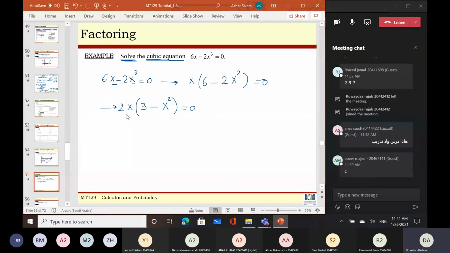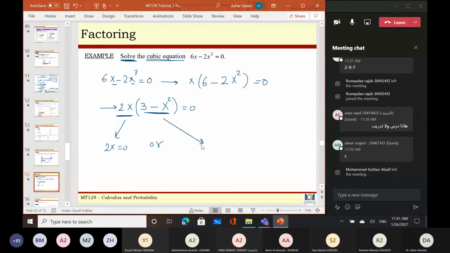Here I have two quantities multiplied together equals 0. So either 2x equals 0 or 3 minus x squared equals 0.